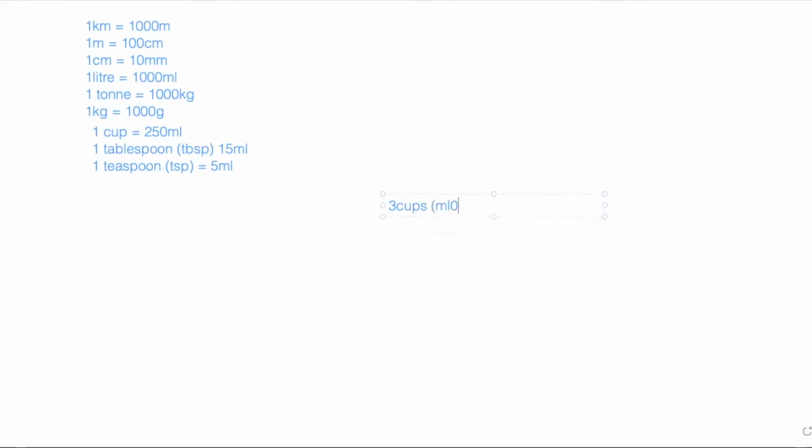So there are 250 milliliters in 1 cup. So we are going to multiply: 3 times 250, which is equal to 750 milliliters.